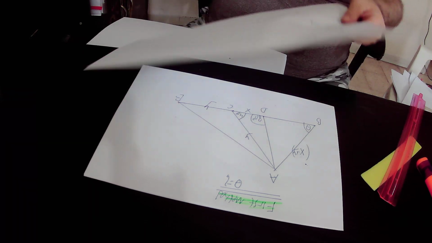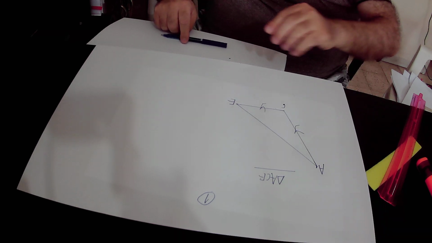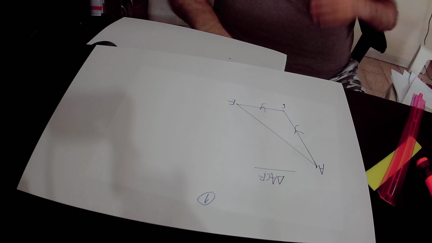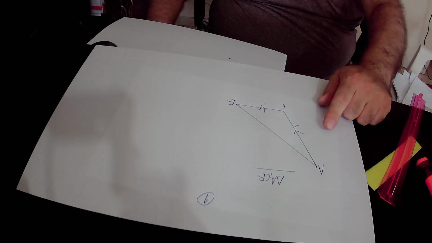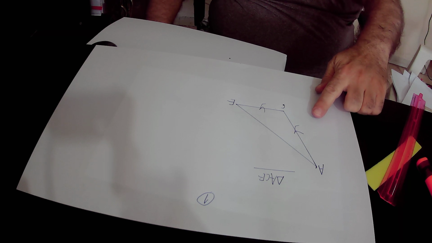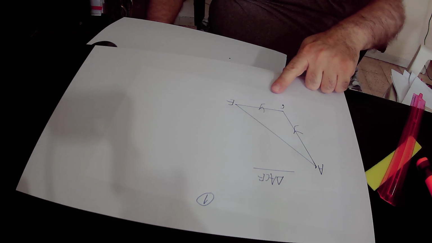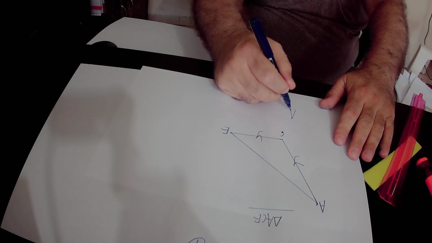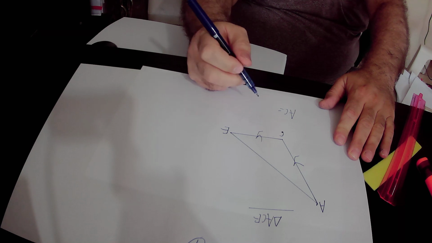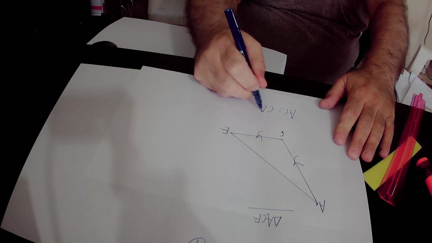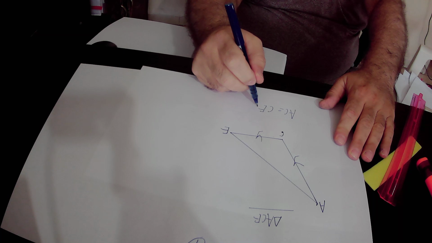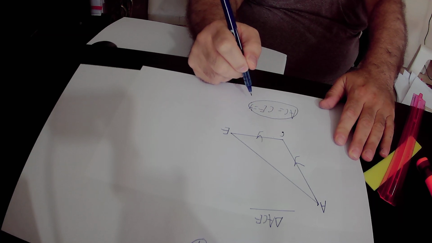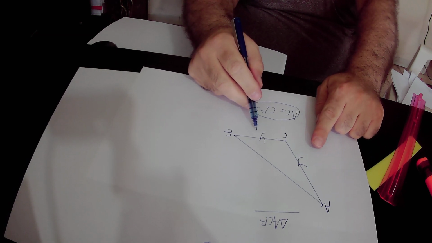So actually this is triangle ACE that I copied from the original drawing. Here side AC equals y and side CE equals y, so therefore side AC equals side CE, and those two sides are equal to each other.